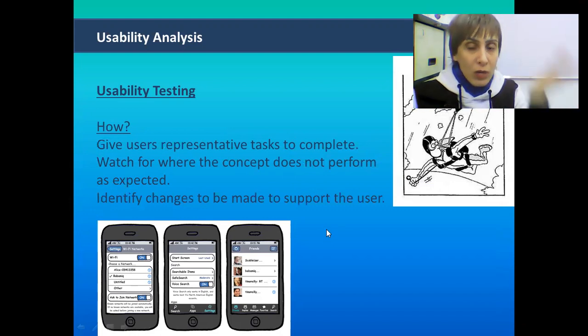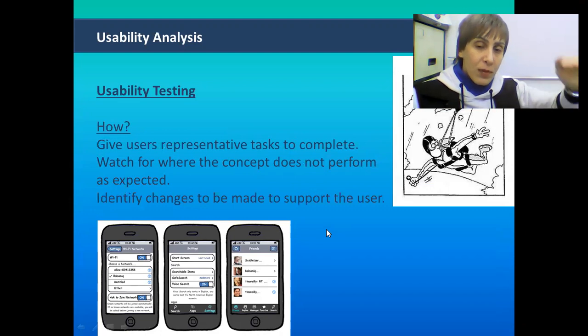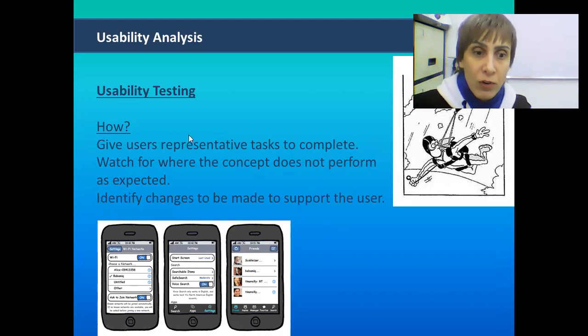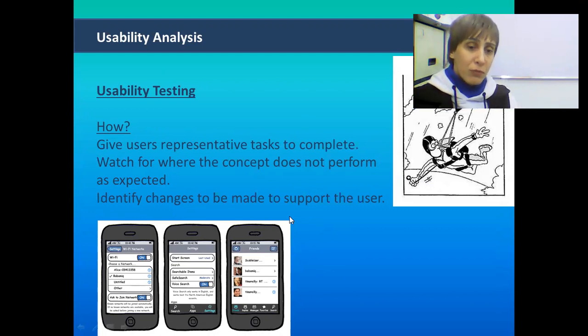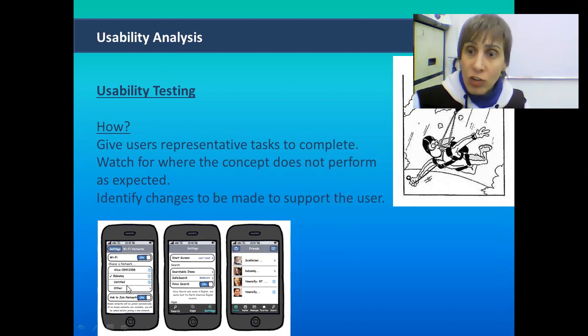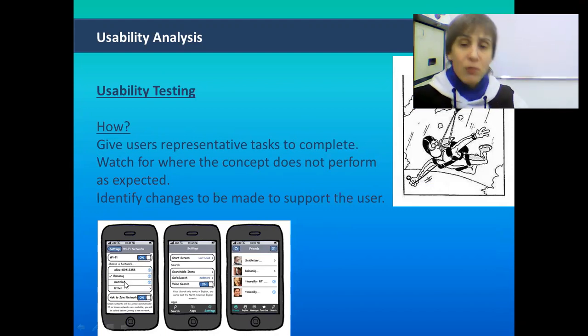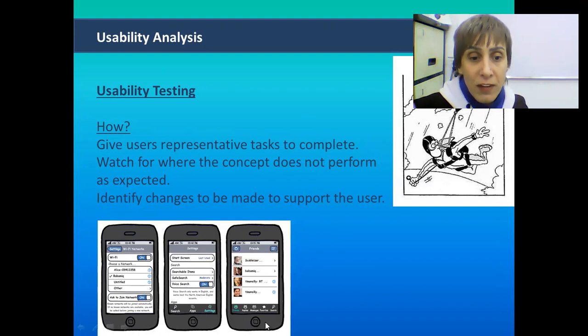And what do you do now? So step by step, the user is observed for how well they can understand this design before this application is put on a real mobile. It has to be tested with images, with pictures, with drawings. So these are sketches.